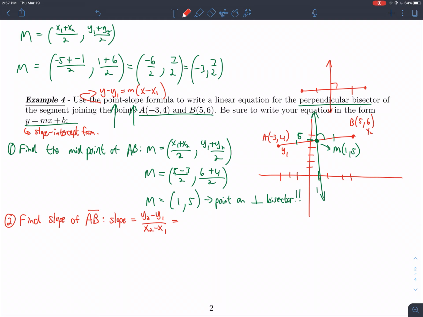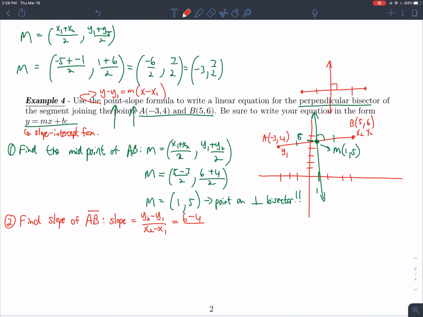So y2 is 6, and y1 is 4, over x2, which would be 5, and x1 would be negative 3. 5 minus negative 3. So what this would give you is 2 over 8, which is a fourth.